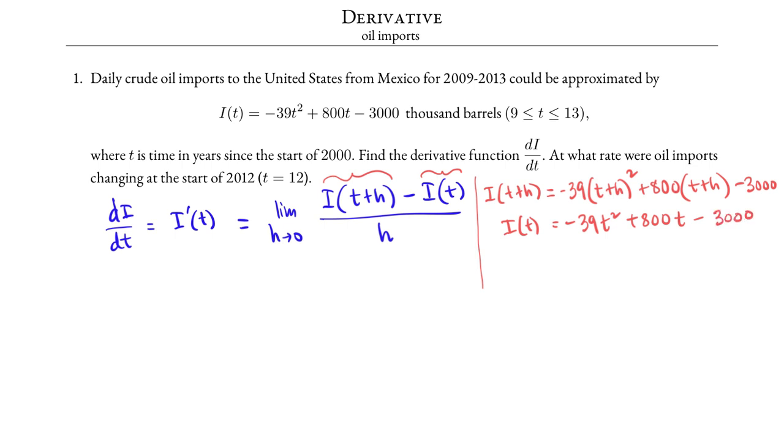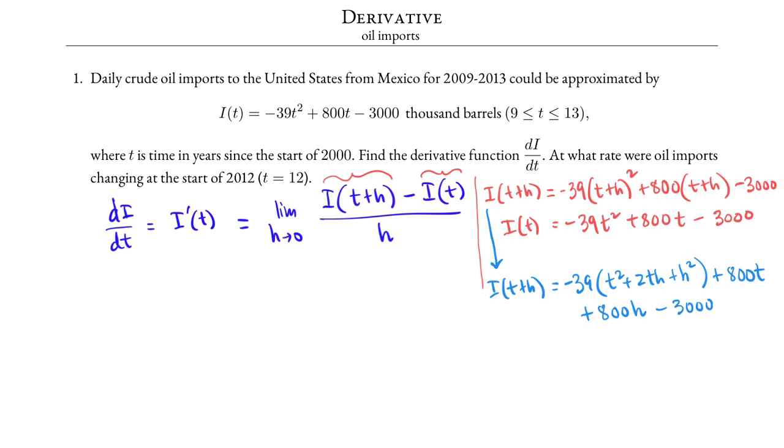With the first term, I of t plus h, we will need to expand and simplify. I of t plus h is negative 39 times the quantity t plus h squared, which is t squared plus 2th plus h squared. And then we distribute: 800t plus 800h, and then minus 3000.